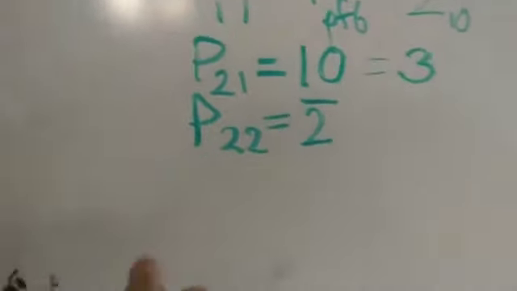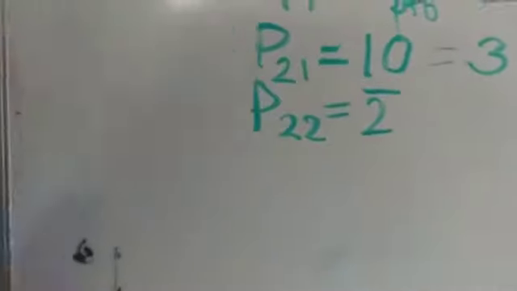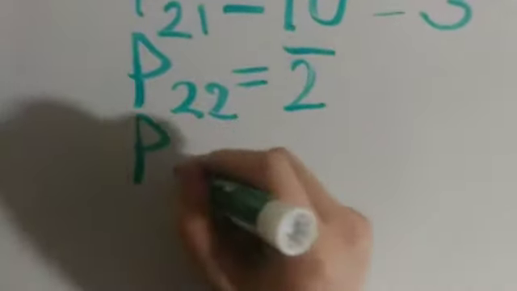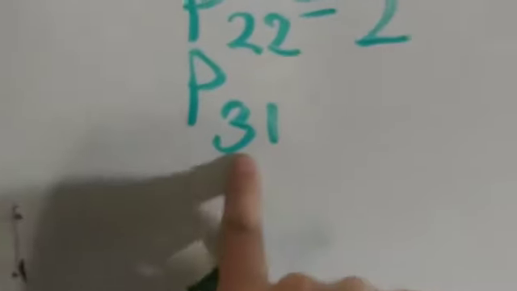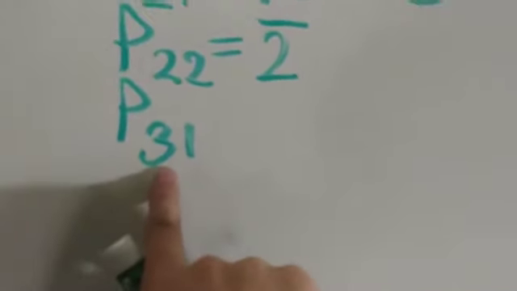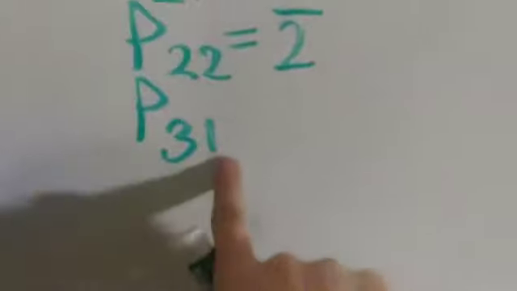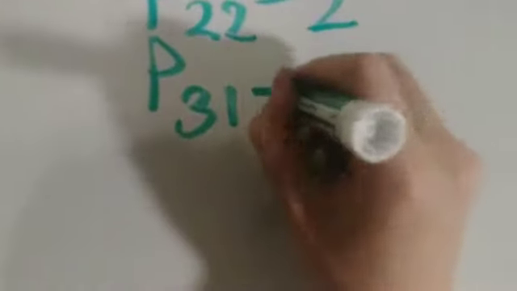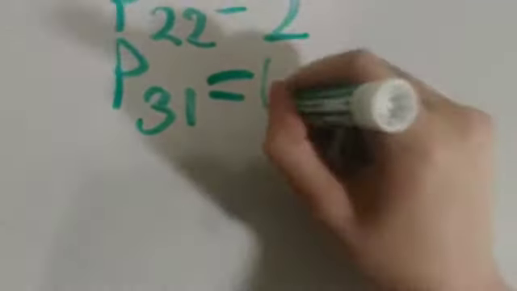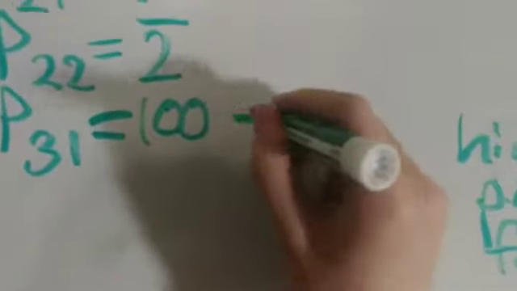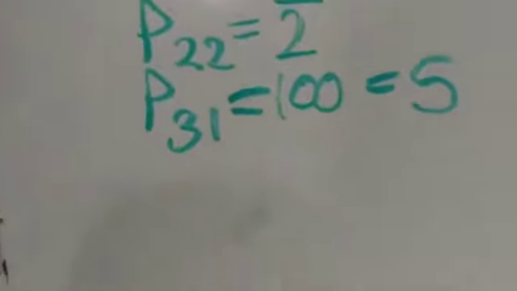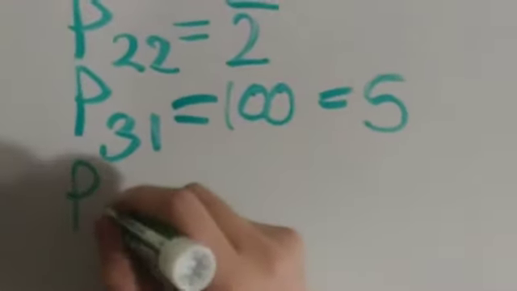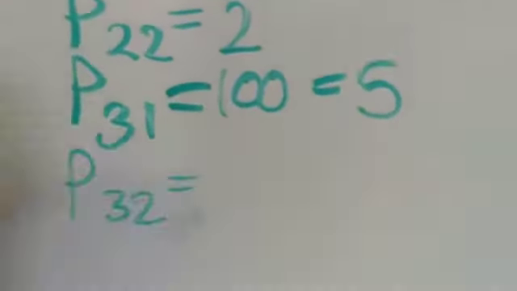So after you fill up the 2's, you go to the 3's. You go P31. So the third highest prime with only 1 prime factor gives you 100, which gives you 5. P32 is another sequence.